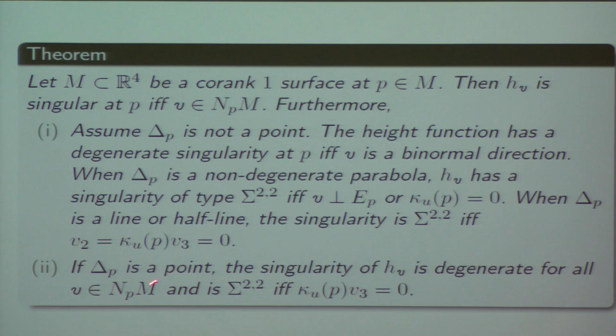And at last, when delta p is a point, the singularity of hv is degenerate for all normal vectors and is of type sigma 2 if and only if this condition holds. So we obtain conditions on v, also using the umbilic curvature.